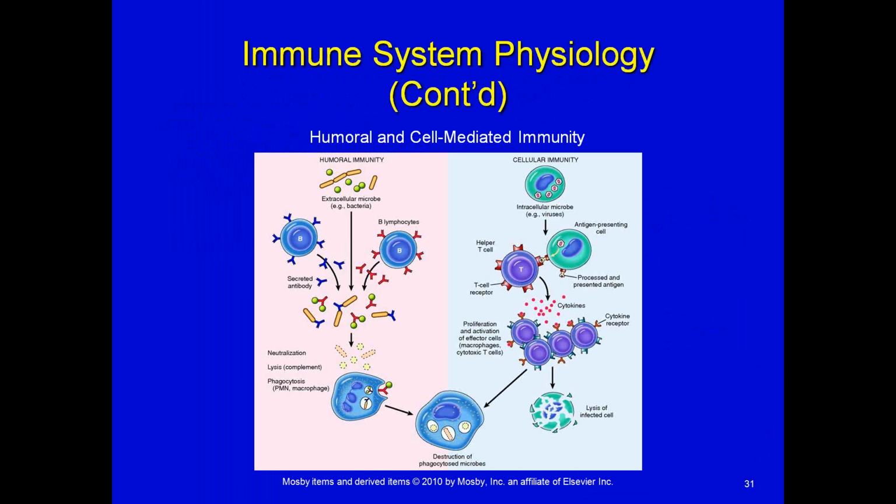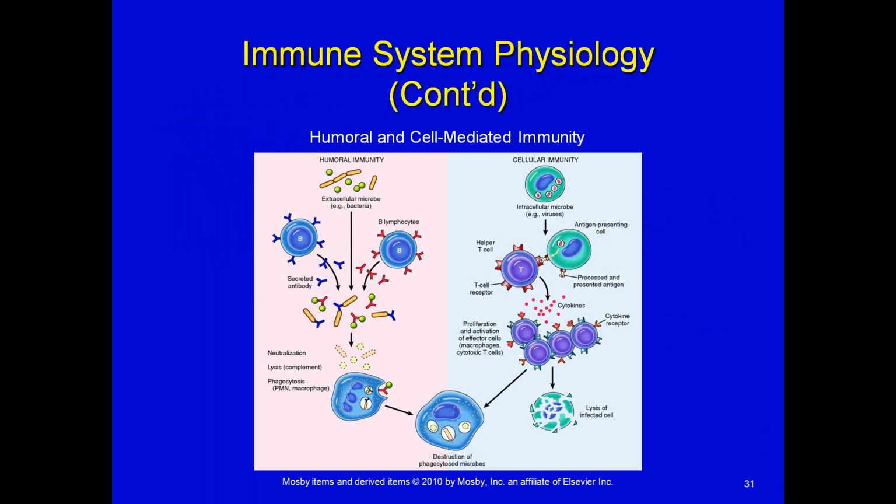So here's an example of humoral and cell-mediated immunity. With humoral immunity, you have B lymphocytes that consume the extracellular microbes, the bacteria, through a process known as phagocytosis. These macrophages consume that and destroy it.